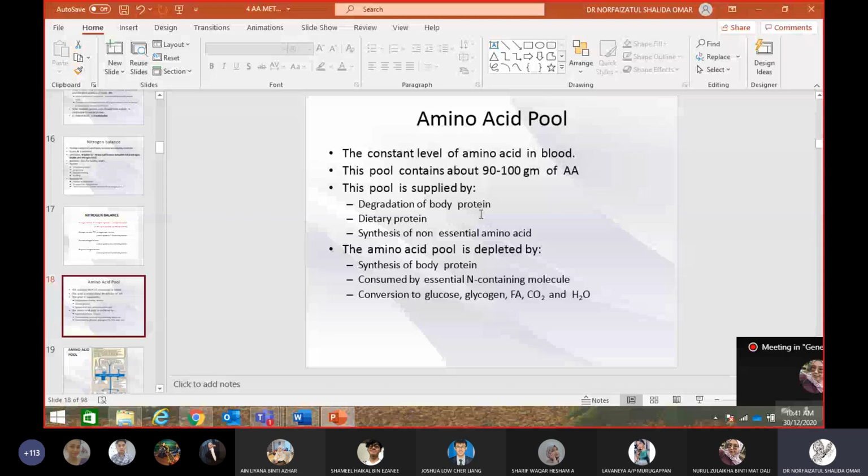Some enzymes and some hormones are also degraded, and this will then supply the amino acid pool. Then the protein in your diet, and the synthesis of non-essential amino acids, will contribute to the amino acid pool.